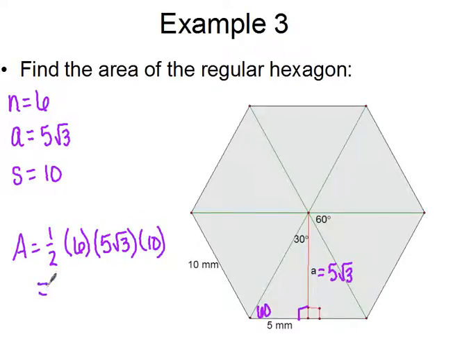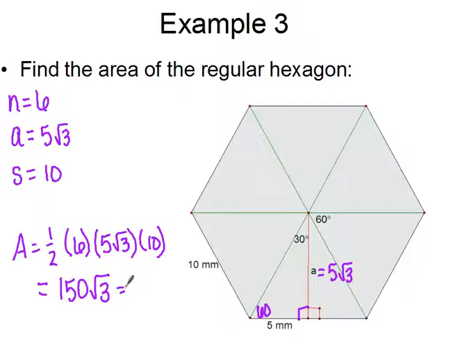And we're going to type all that in, and you can leave it in radical form or you can change it over to decimals. It'll do the same thing. If we were to leave it in radical form, it'd be 150 square root 3.